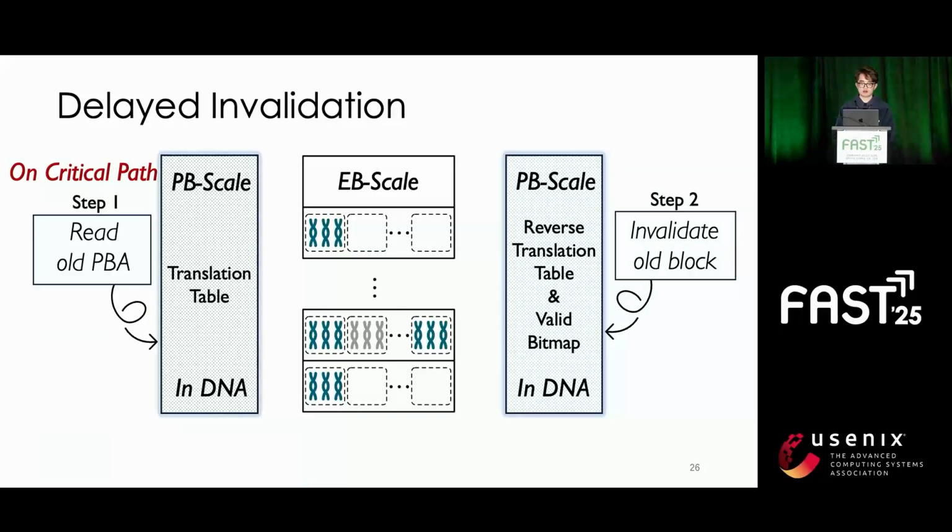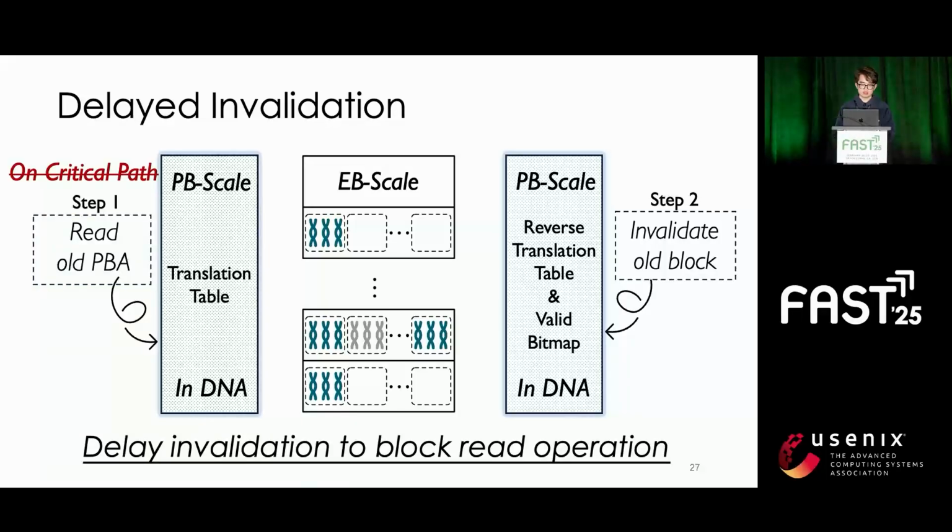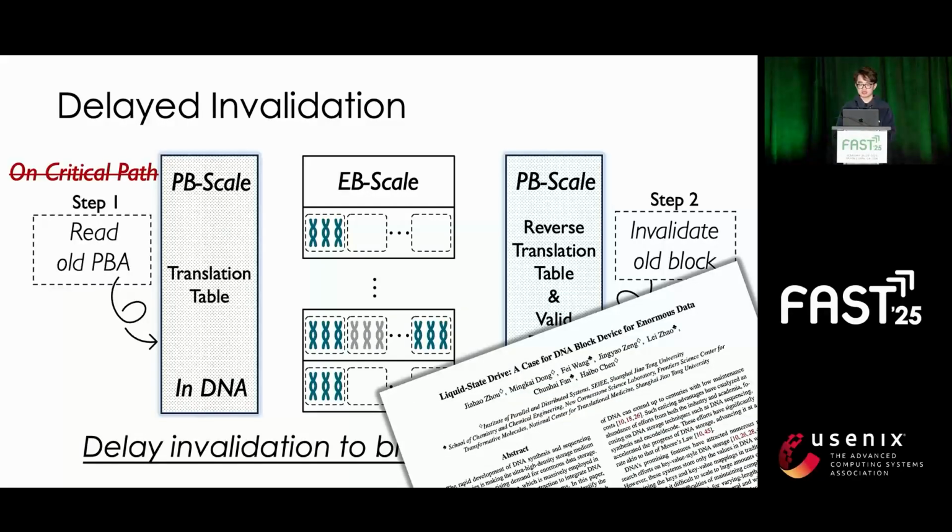As we mentioned before, the read granularity is much larger than that of write, so the read operation greatly increases the updating cost. To solve this, we delay the invalidation to when the block is read, and hence remove this DNA read operation from the critical path of updating a block. For more details, please refer to our paper.